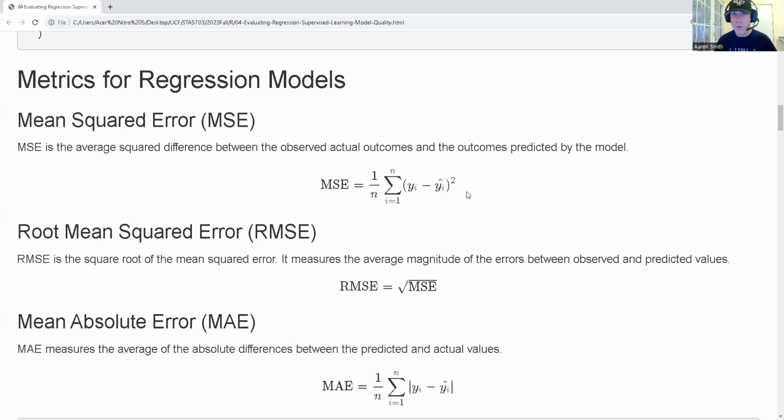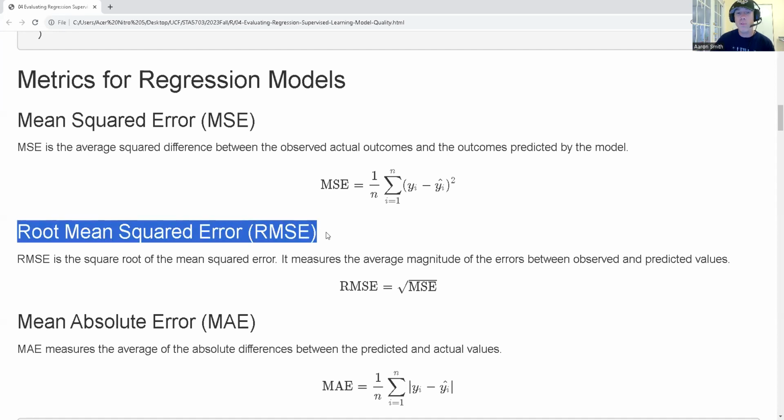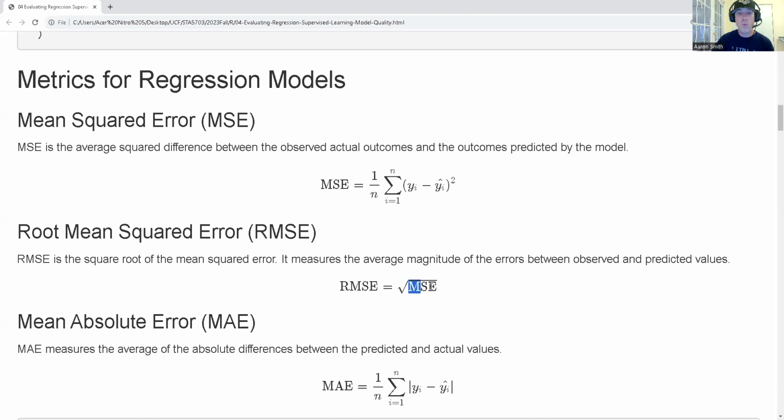So frequently we use root mean squared error, where we just take the square root of our mean squared error. And so boom, we just take the square root. So now if my original target variable is in dollars, my root mean squared error is also in dollars. So that's nice. Makes it easier to interpret. But honestly, when I talk to my stakeholders, I still don't like this. For me personally, it's hard for me to really talk about what is the root mean squared error.